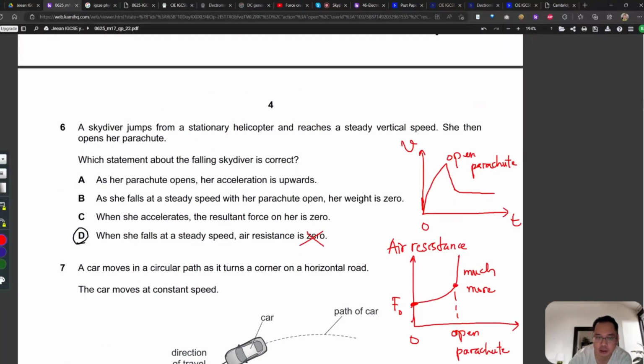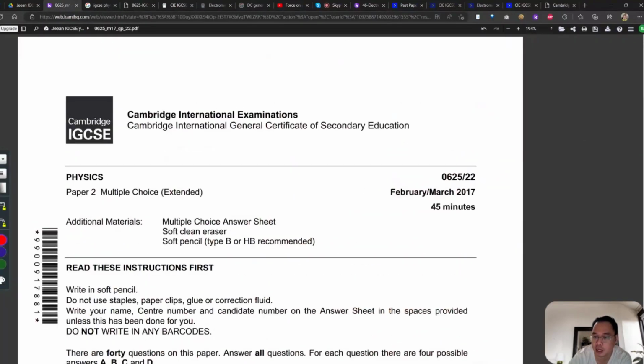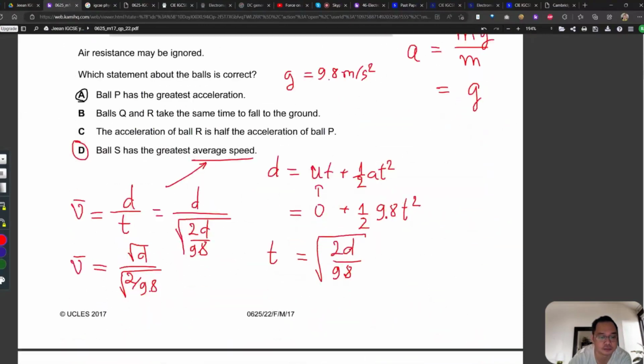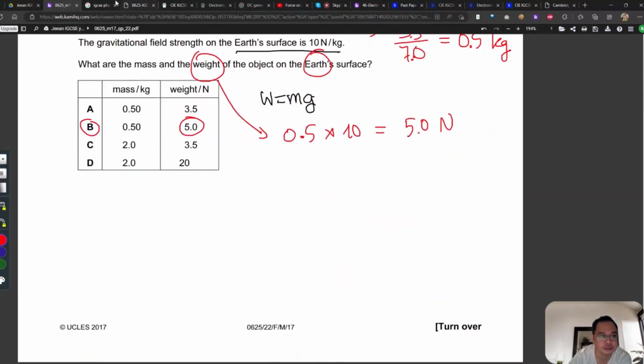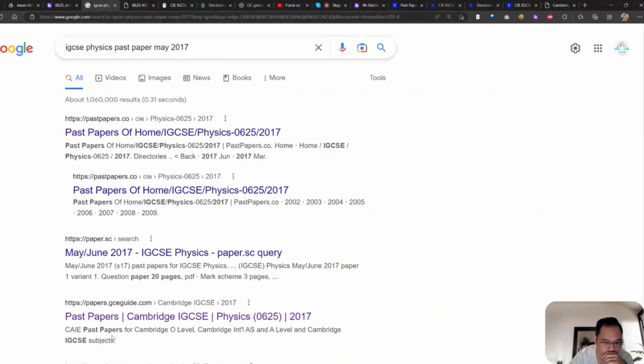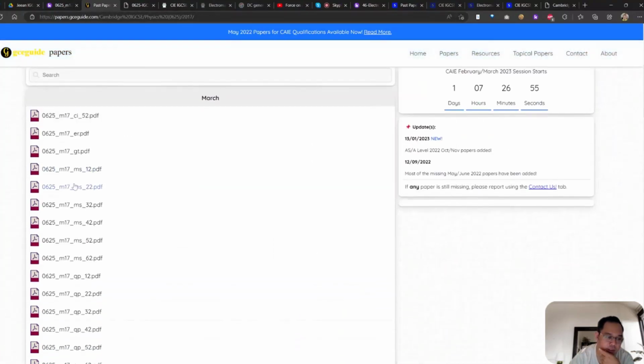This paper is in February, March 2017. That's where I cannot open it. No mark scheme.